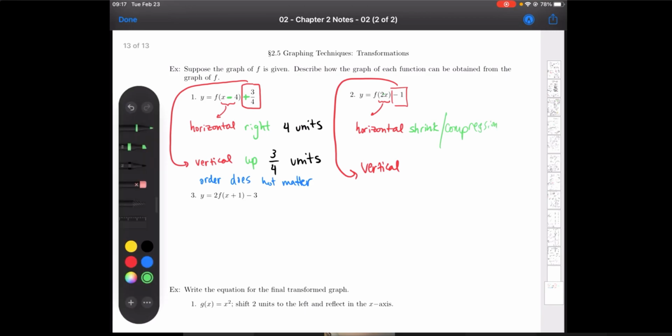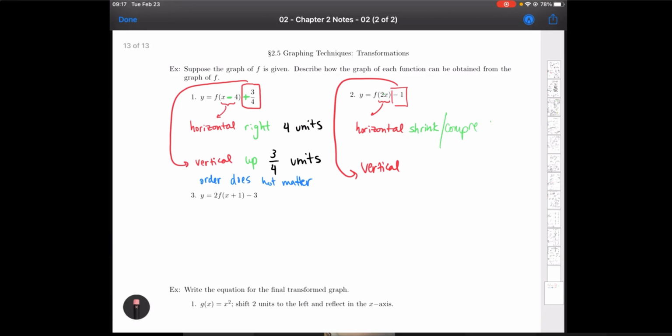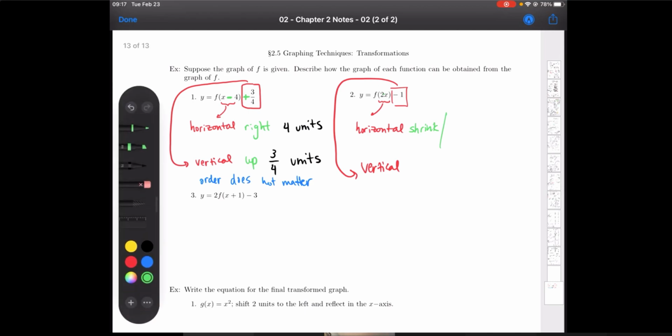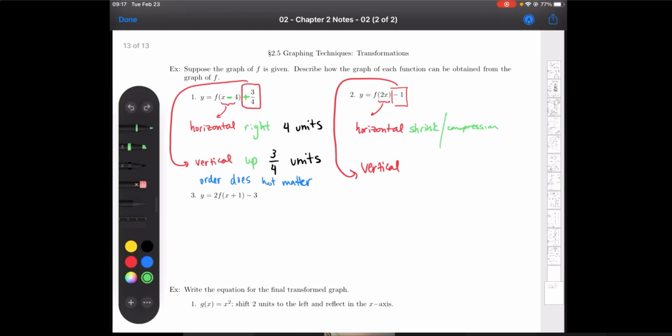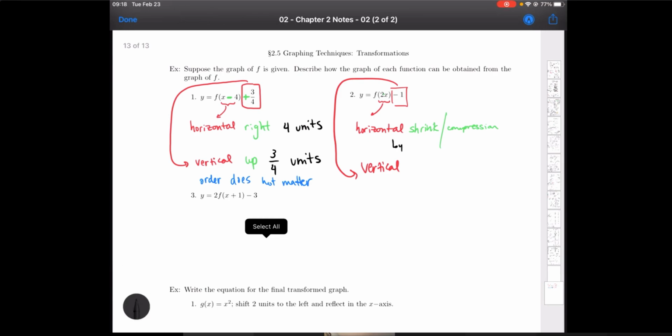Let me actually write that so it's legible. And it's by a factor of 2.